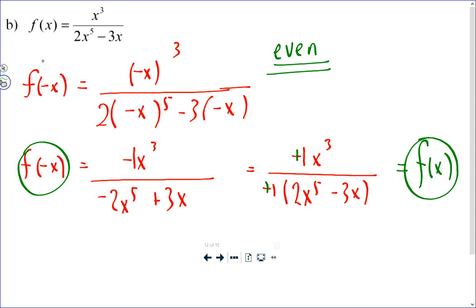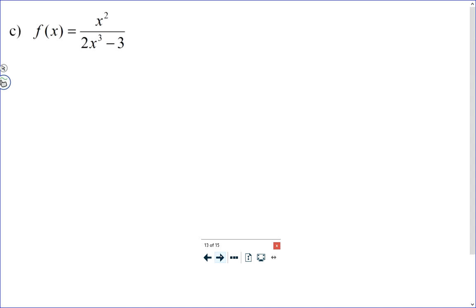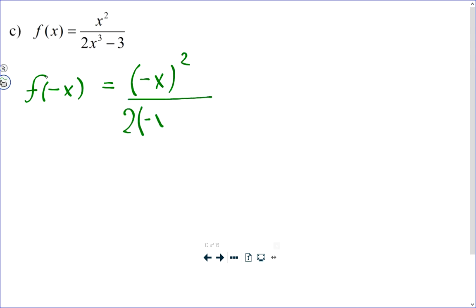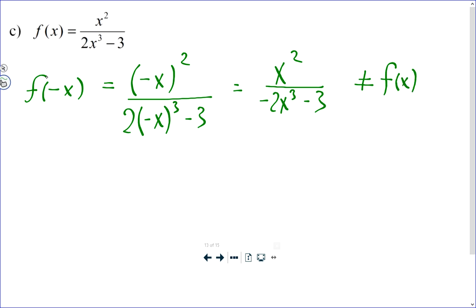And the last example, well, let's go ahead and put negative x in. We'll have f of negative x equal to negative x quantity squared over 2 times negative x quantity cubed minus 3, which gives us positive x squared over negative 2x cubed minus 3. And the first question is, is that equal to f of x? Well, no, it's not the same.